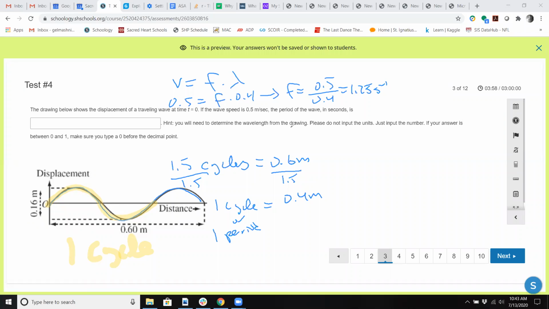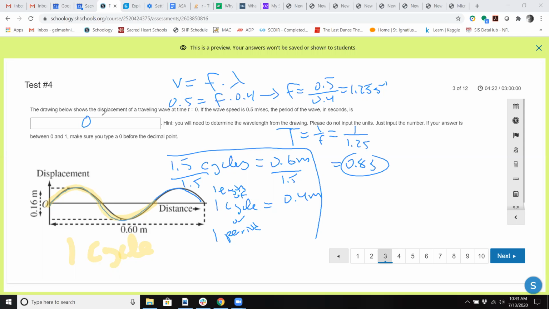Now, period, which we call capital T, is 1 over F. And by the way, this down below is the length, not the actual one period, but the length of one period. T equals 1 over F, so it's 1 over 1.25, which would be 0.8 seconds. So that's the answer. The answer is 0.8 for this one here.